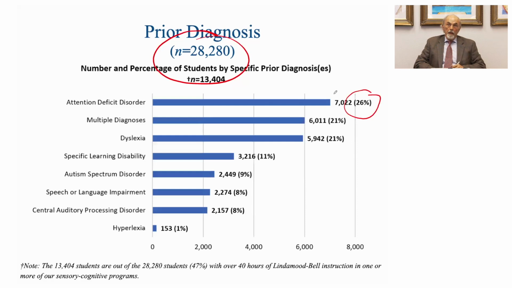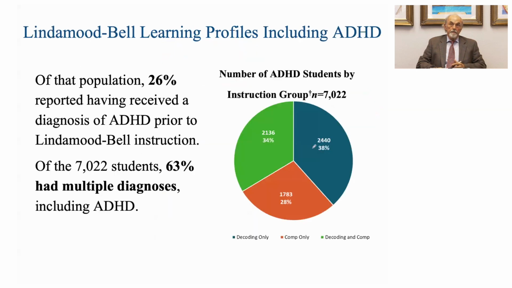More than that, if you look at multiple diagnoses, which includes, of course, attentional factors and learning disabilities and others, 22% have multiple diagnoses, with dyslexia at 21%. What that means, obviously, is that we're dealing with children who have multiple diagnoses all the while we're trying to address their learning profile.